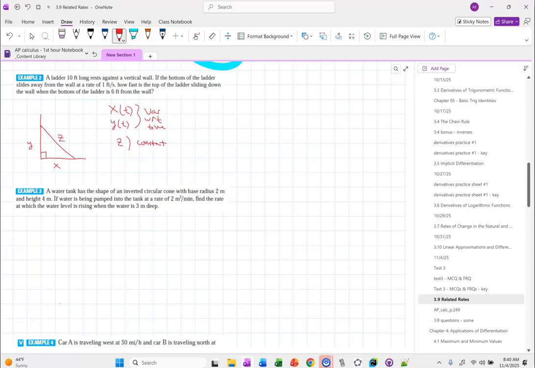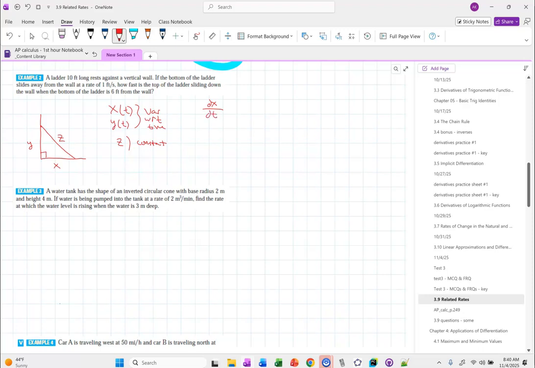It is a derivative, right? What derivative name should we give the rate for the ladder sliding away from the bottom of the wall at 1 foot per second? dx dt.